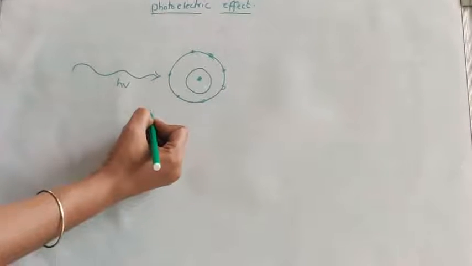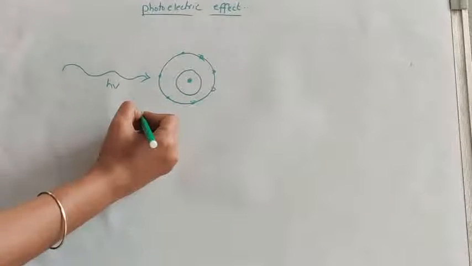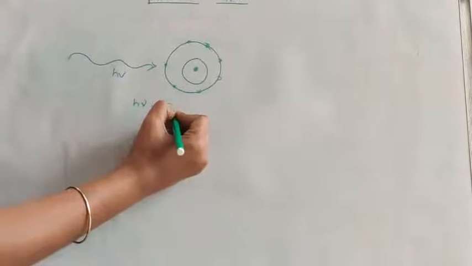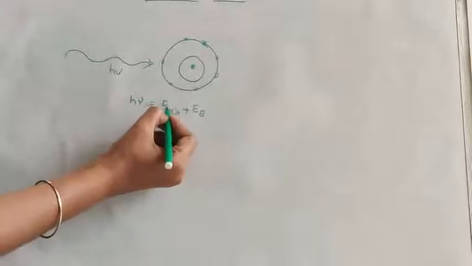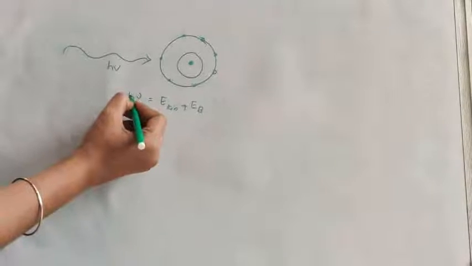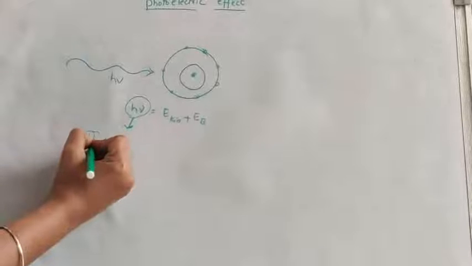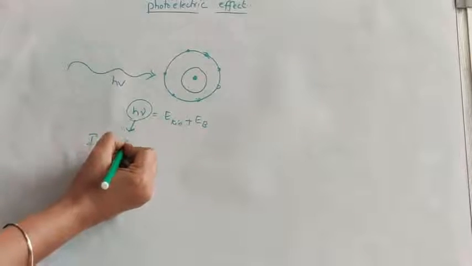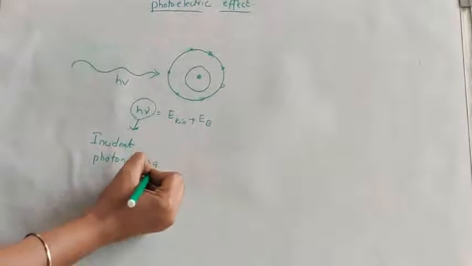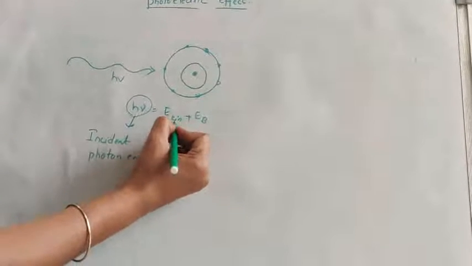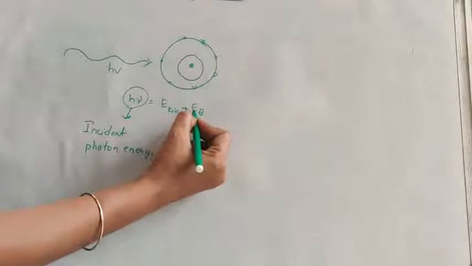Here h nu represents the energy of the incident photon, E kin is the kinetic energy of the electron, and E B represents the binding energy of the electron.